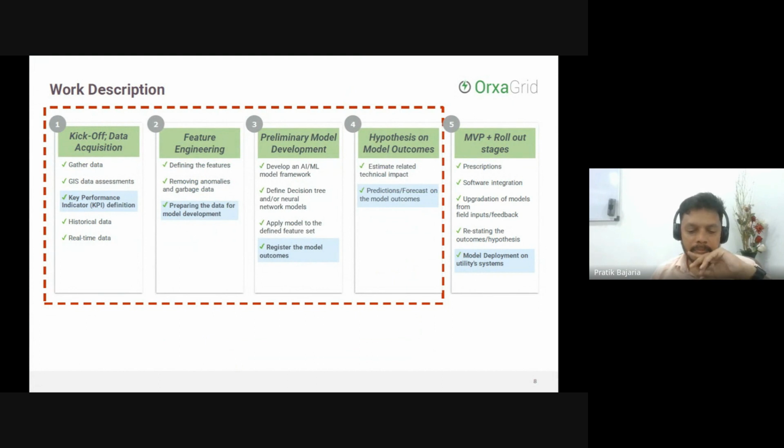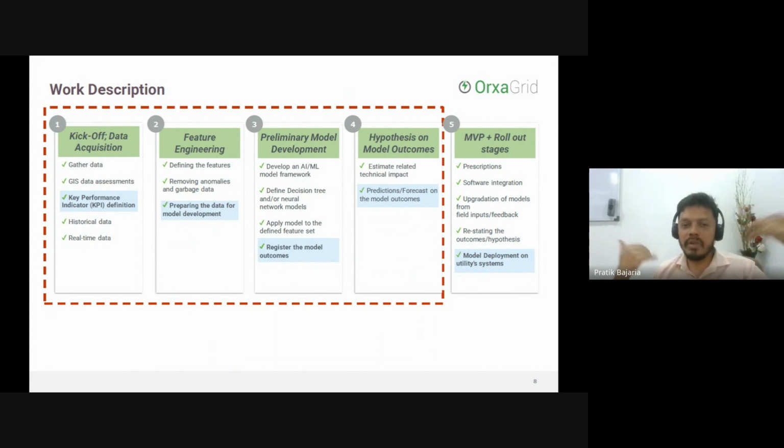Okay. So after getting the set of requirements from the customers and having mapped everything to the data sets which we are going to acquire either through our IoT solutions or the solutions already installed by the customer themselves, there has to be a set of actionable plan which is to be given to the customer.